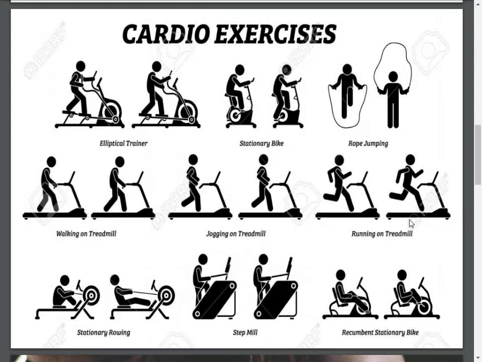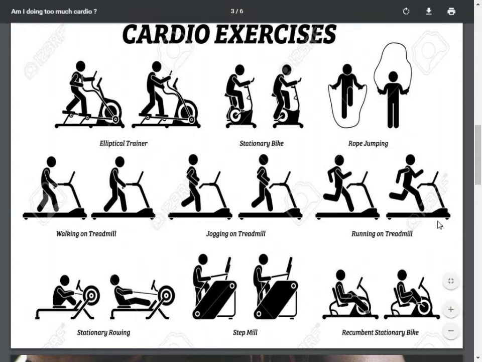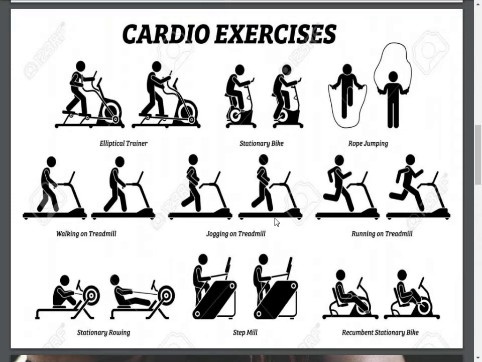Walking, treadmill, jogging, running, all of these things, recumbent bike, step mills, even a rower, yeah, you could use it for anaerobic, but generally we would talk about getting on there for doing a row at a long distance. Unless we're going at high intensity with high weight and increasing overload, it would then become more explosive in relation to the anaerobic side of things. So generally that's what we look at as being cardio, okay?